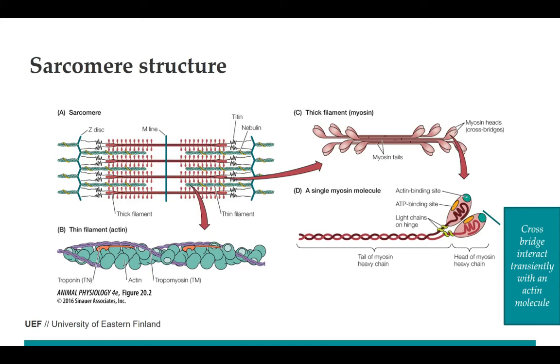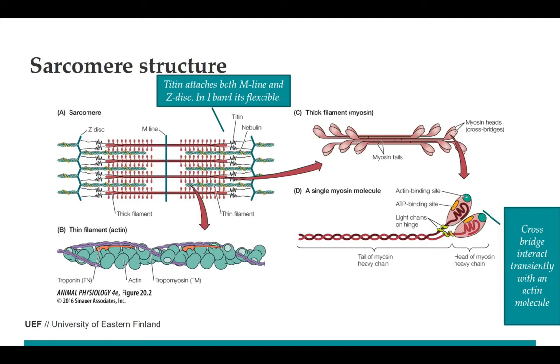But beside these actin and myosin, there exists also titin. And this titin is attached on both the M line, so in the middle of the thick filament, and the Z disc, so that is at the other end of the thin filament. So it goes all the way, but it's quite flexible in the I band, so somehow it's supporting this sarcomere structure.